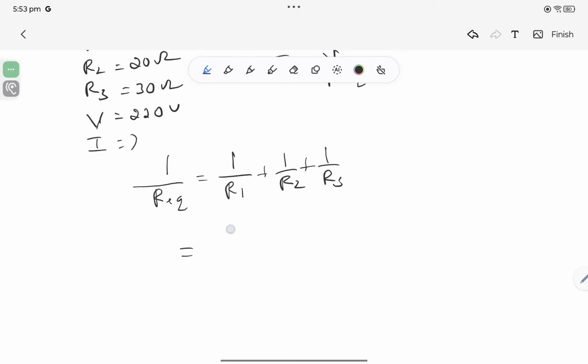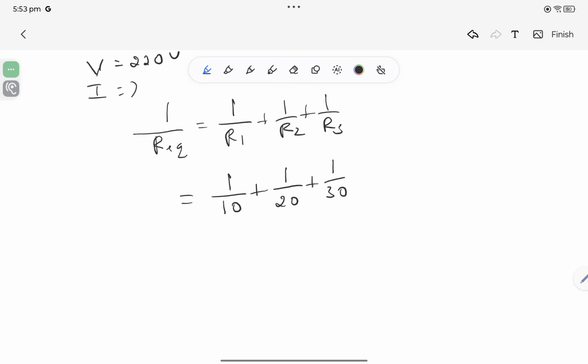So 1 by R1, R1 is 10, so 1 by 10 plus R2 is 20, so 1 by 20 plus 1 by 30. Now 1 by R equivalent is equal to, what is the LCM?